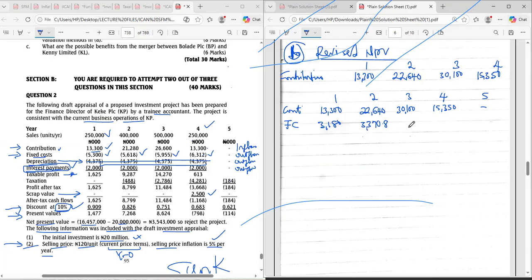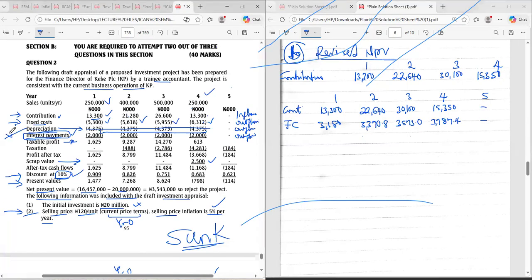Next. Point what? 048. Next. 3,700 and 0.431. Then for the fixed cost, forget about depreciation, it's out. Forget about interest payment, it's out.